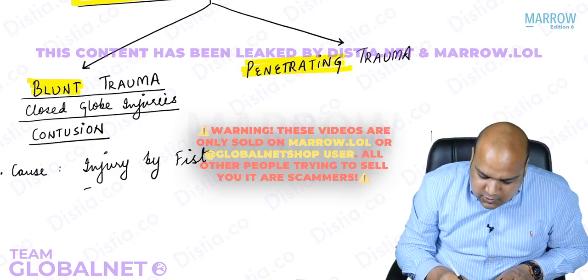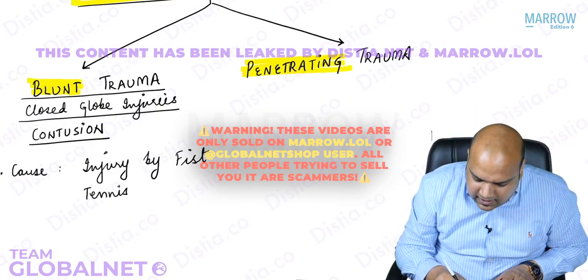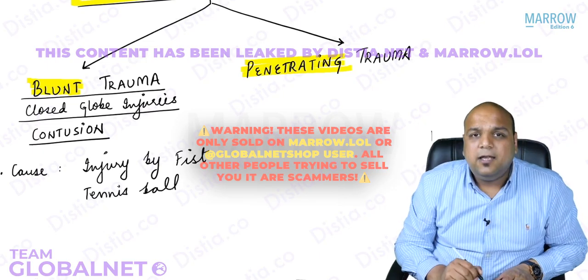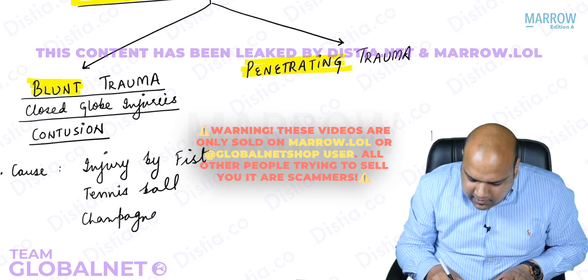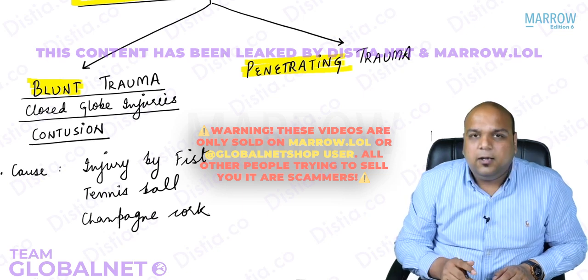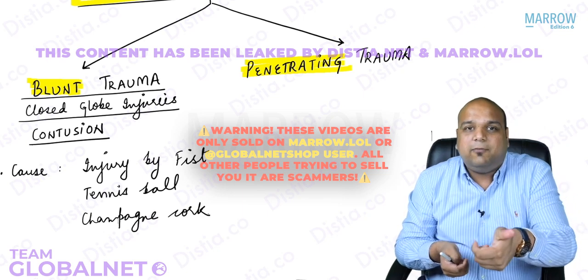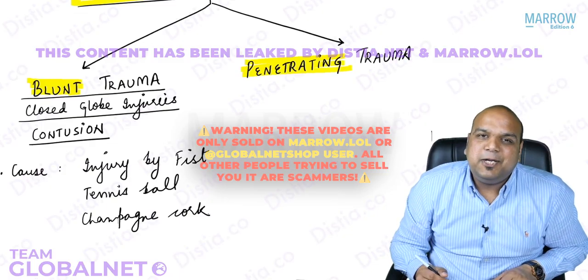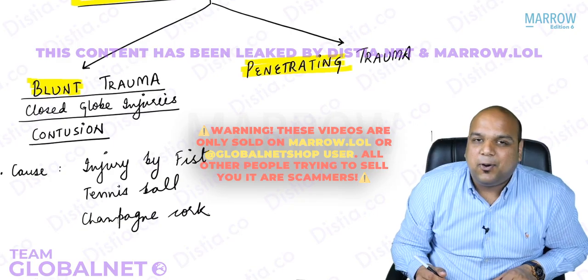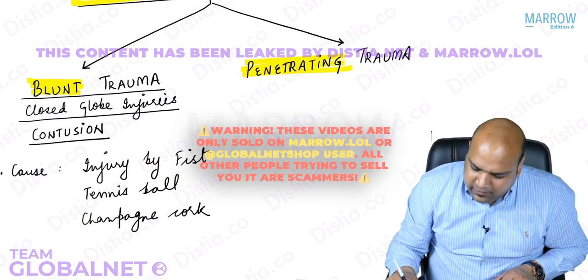So usually we say any of these two. In certain cases, we also get fools who have just married, opened a champagne cork, and didn't know that the cork needs to be pointed away. They point the cork, and that is why they get a contusion, closed globe or blunt trauma to the eye. I hope we are pretty clear about this.